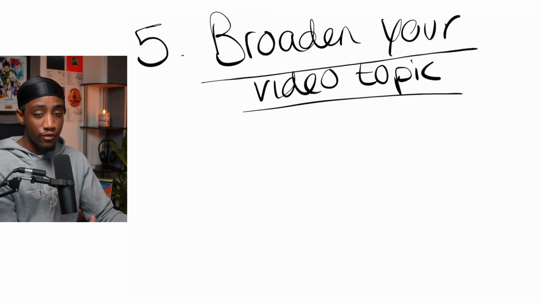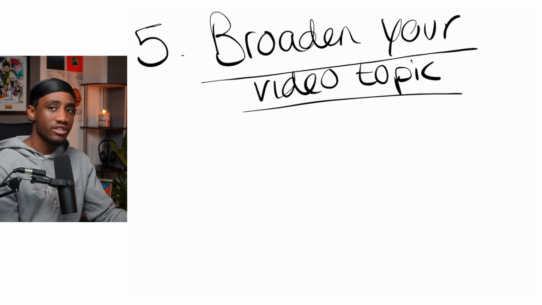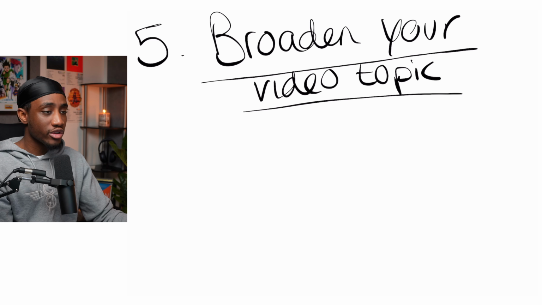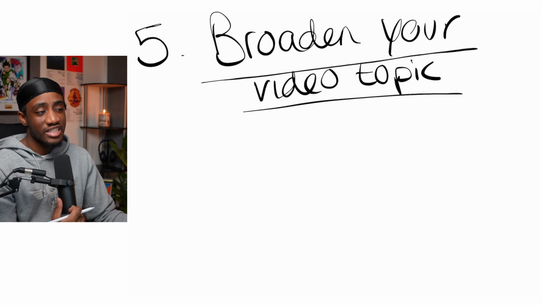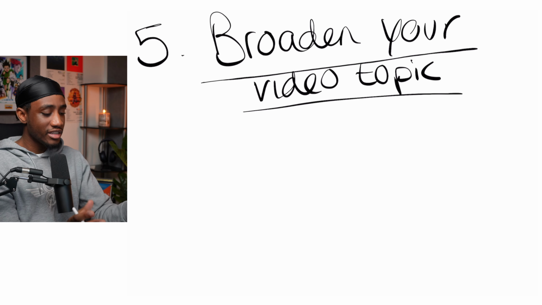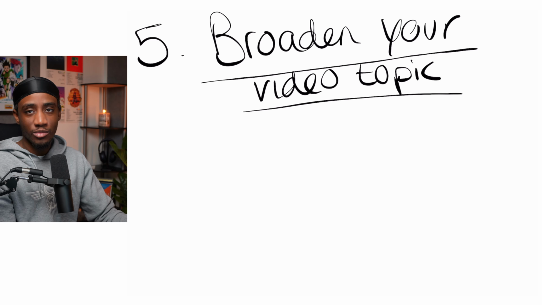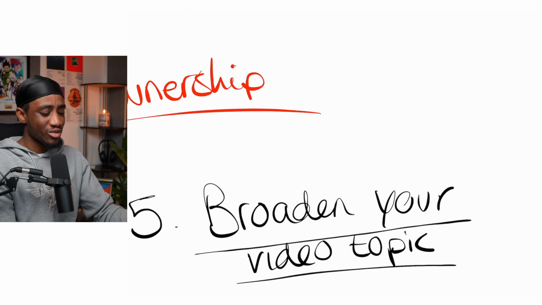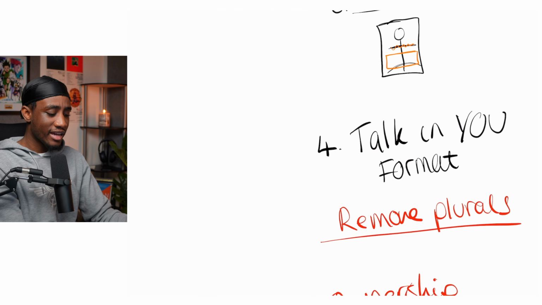Now, everyone can watch that video. A 20-year-old, a 15-year-old, a 55-year-old can watch that video. But if you just said, hey, here's how to lose weight if you're over 40, it literally wipes out a lot of the population, right? Especially if you're doing it on social media. And this goes back to how the algorithm works.